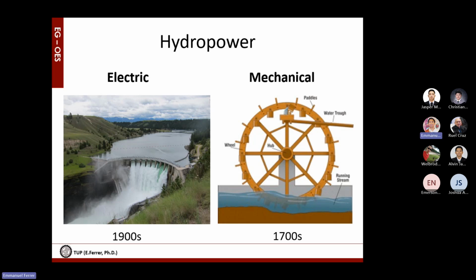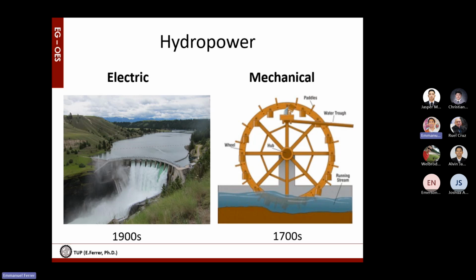Now, of course, when electricity was discovered, engineers, scientists were trying to find different sources to produce electricity. So, ito, yung mga dams are actually developed in the early 1900s para makapag-produce ng electricity using water.